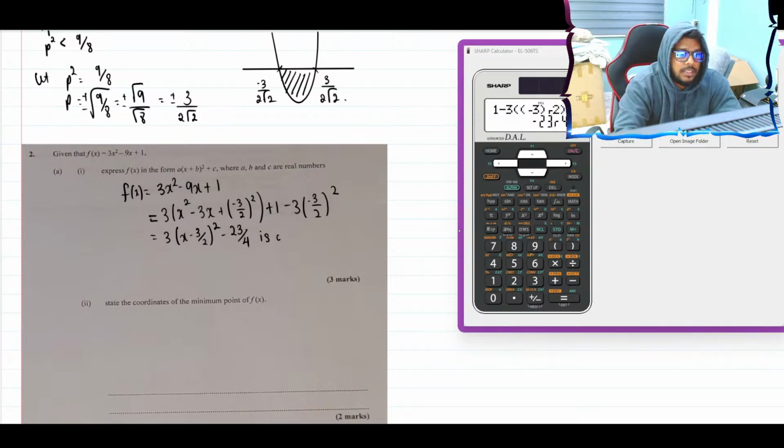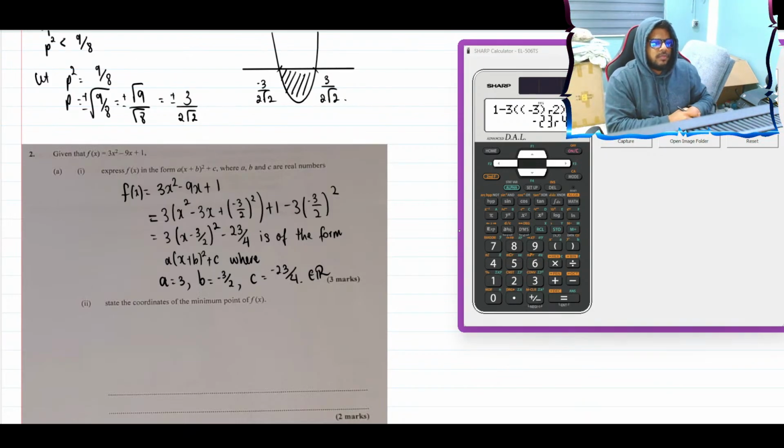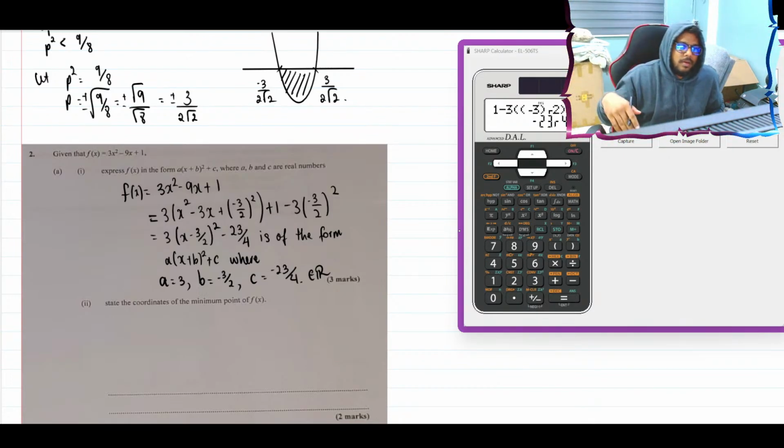You need to show that f of x is of the form a into x plus b squared plus c, where a is 3, b is minus 3 over 2, and c is minus 23 over 4, and a, b and c are all real numbers. State the coordinates of the minimum point of f of x. You could always double check your work here if you're good with your calculus. Remember, if you differentiate and you get dy dx equal to 0, you get a minimum or maximum point.